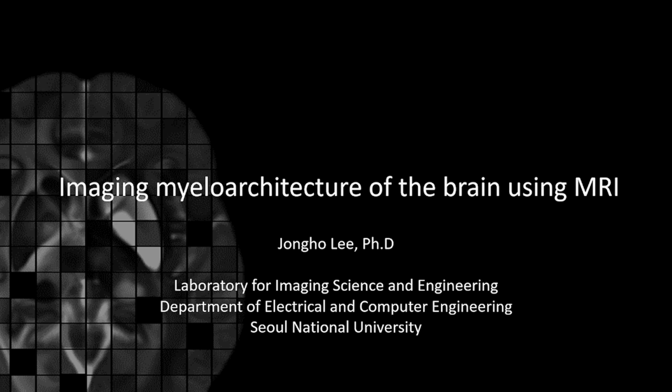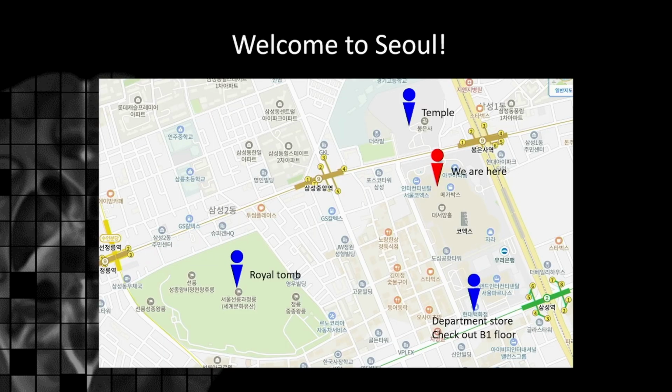Anyway, welcome to Seoul. Well, just in case you are really the hardcore conference person and you didn't plan anything in Seoul, I have a one page for you. The conference center, right in front of it, we have this Buddhist temple that you can just walk 3 minutes from here, and you can enjoy some of the cultures of Korea.